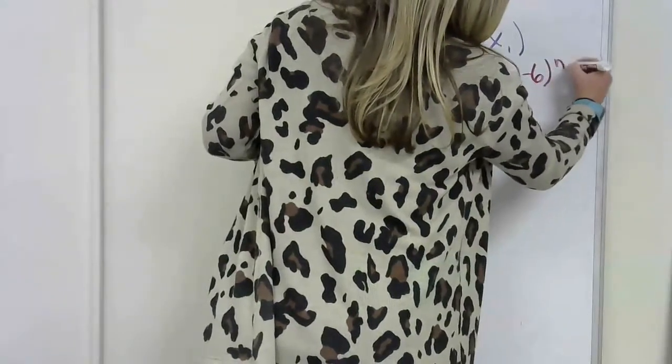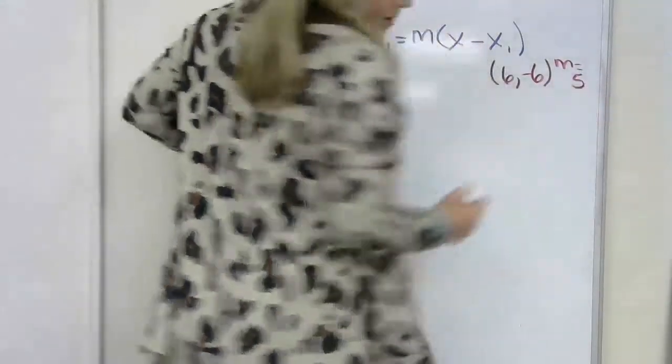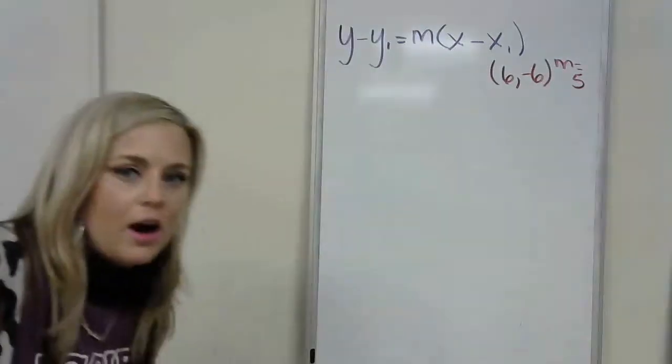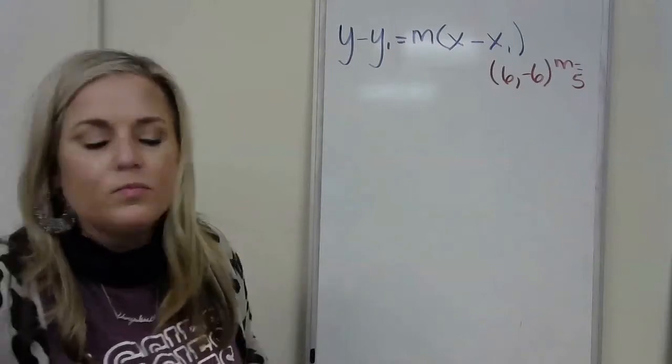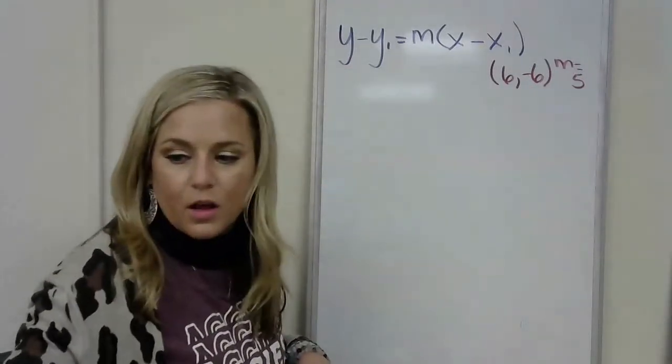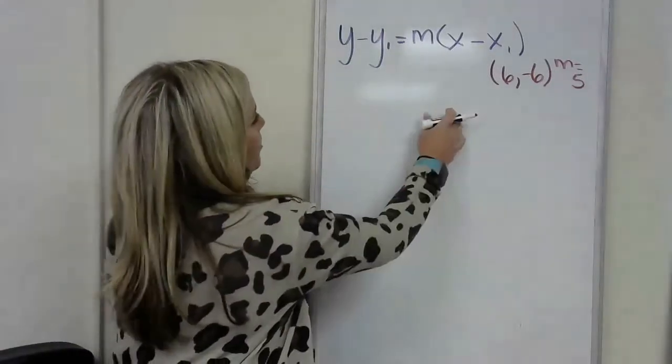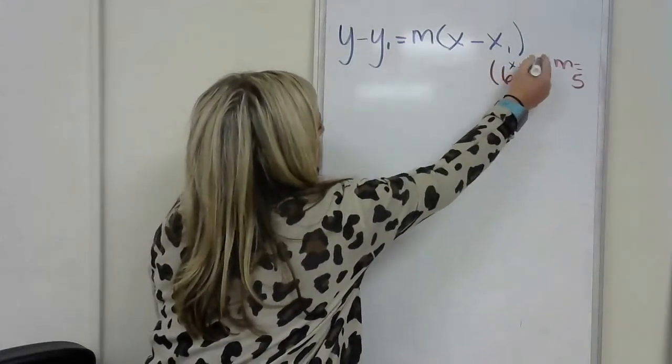And then our slope is 5. Slope is 5. All right, so I'm going to plug in my numbers. Different color. So this is x and that is y.